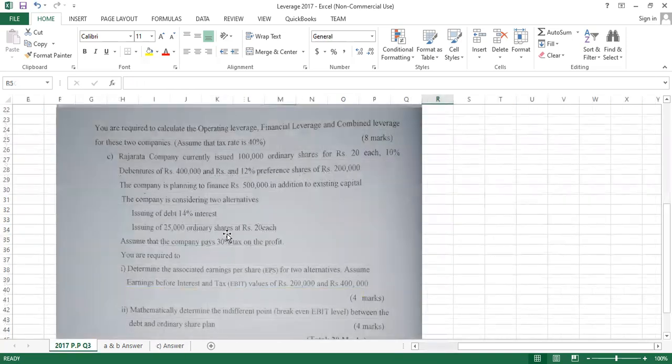In this question, they have given 12% preference shares for rupees 200,000.